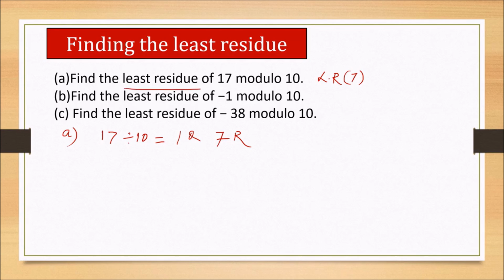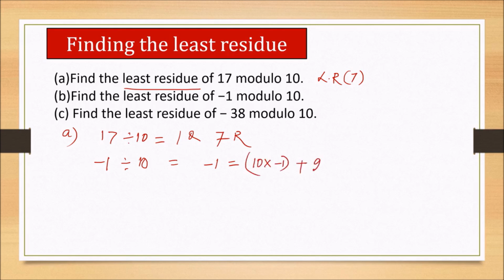Least residue of negative 1, negative 1 modulo 10. You have to take a multiple that should be negative. So I'll write negative 1 is equal to 10 multiplied by negative 1 plus 9.